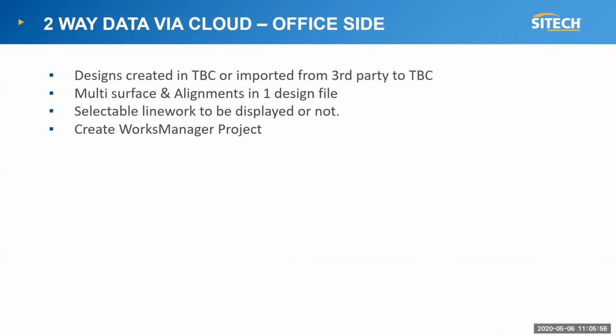So two-way data, if we look first at the office side, designs can be created in Trimble Business Center, TBC, or imported from third-party design into Business Center. The reason we do that is we have now a feature of TBC which allows us to export a specific file format called VCL. This VCL is our standard file format going forward.